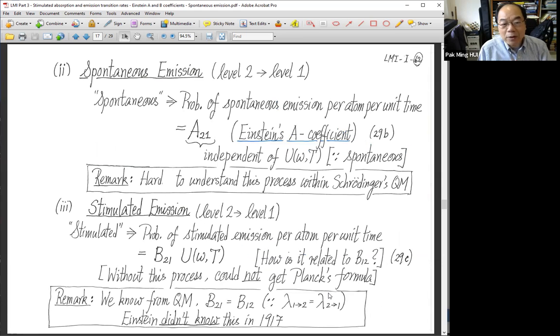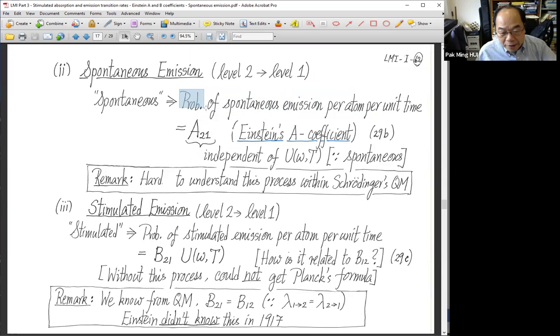Second process, spontaneous emission. Spontaneous means nothing is stimulating it. Therefore, Einstein just introduced his A coefficient. 2, 1 means from the upper 2 to the lower 1. There's no U here because it's spontaneous. Don't need to stimulate it, okay? So this is the probability of spontaneous emission for one atom per unit time.